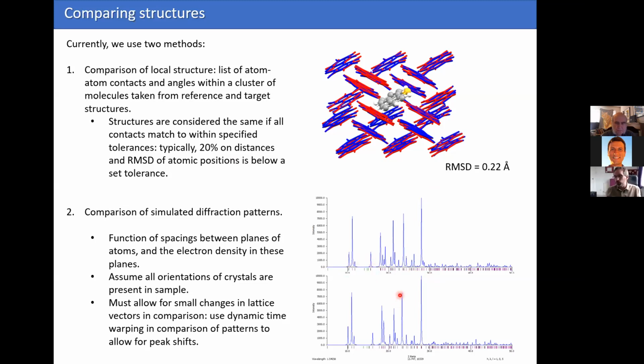Again, we might have slight volume differences between structures, maybe due to energy minimization tolerances, so we have to allow for stretching of these powder diffraction patterns, and we use dynamic time warping to do that. Basically we stretch these out to see if they would match if there was a slight stretch or compression of those lattice spacings.